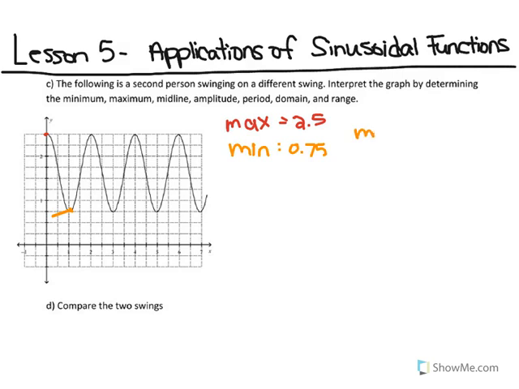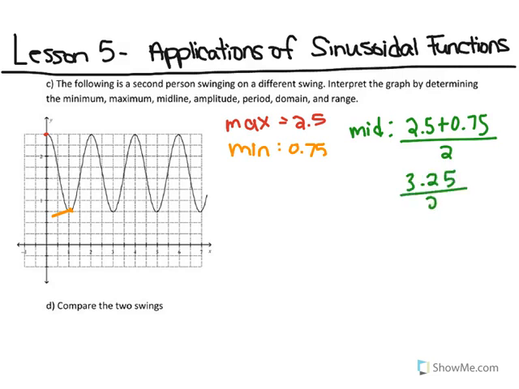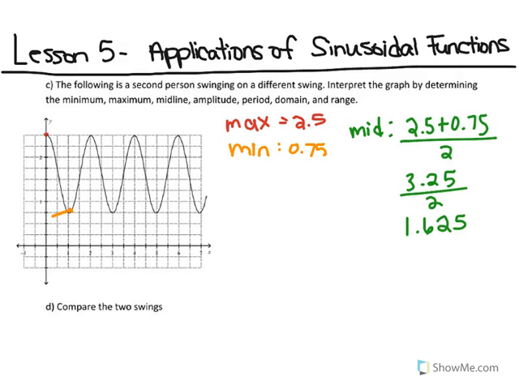So our midline is equal to 2.5 plus 0.75 divided by 2, which is equal to 3.25 divided by 2, which is 1.625. So at 1.625, which would be in here, we have a midline. And as you can see, that makes sense to what our graph looks like.